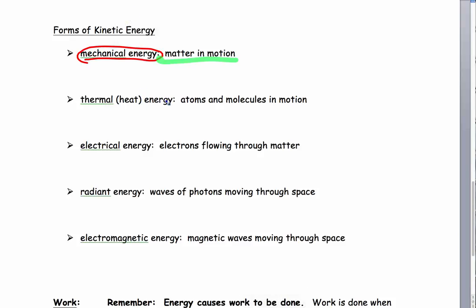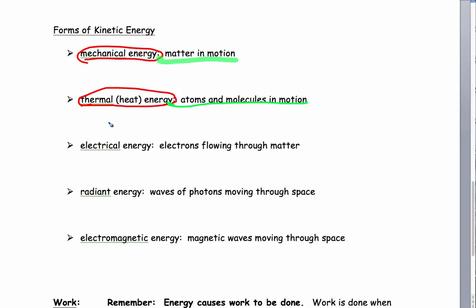So thermal or heat energy, we already talked about what this is, so we'll just really quick get it underlined with your green colored pencil. Atoms and molecules in motion. And this is heat moving. One atom touching another atom, touching another atom, and the heat moves through those atoms or molecules. And that would be thermal energy.